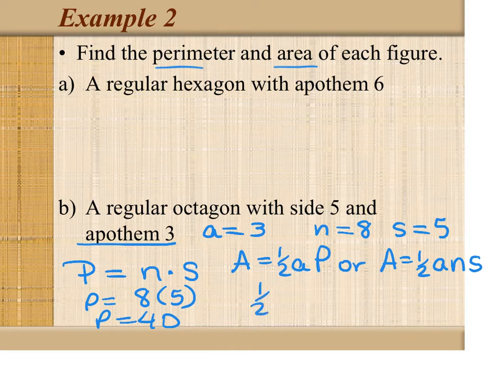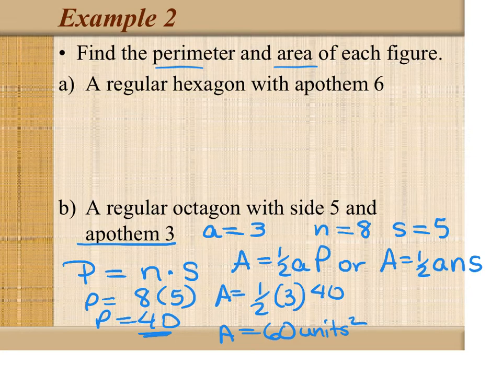So 1/2, my apothem is 3, my perimeter I just calculated is 40. And now I'm going to multiply 1/2 times 3 times 40, and I get 60 units squared. That's the area of the polygon.